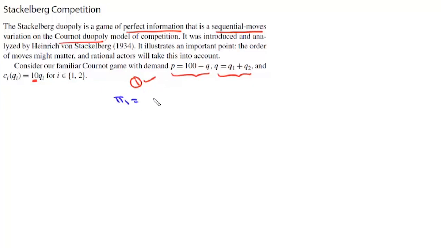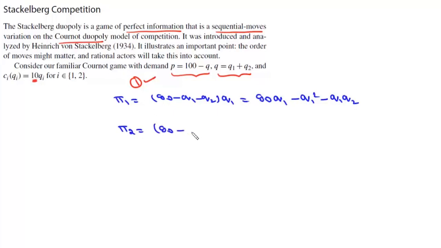Now we can write profit function for firm 1. So it will be pi 1, and there will be (P minus 10), and there will be (90 minus Q1 minus Q2) into Q1. So there will be 90 Q1 minus Q1 square minus Q1 Q2. And the same way we can write profit function for firm 2, and there will be (90 minus Q1 minus Q2) into Q2.